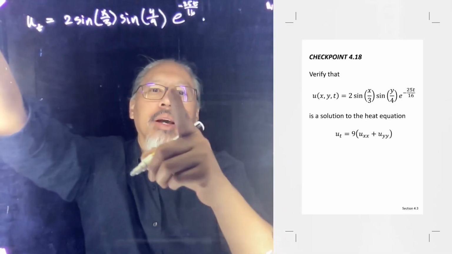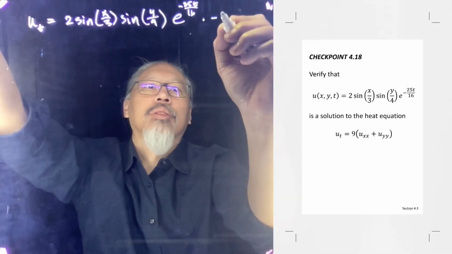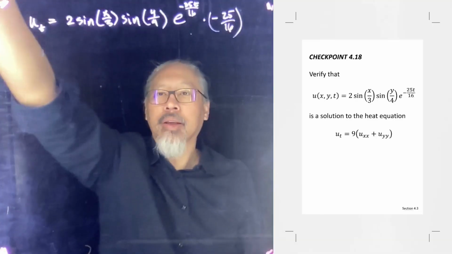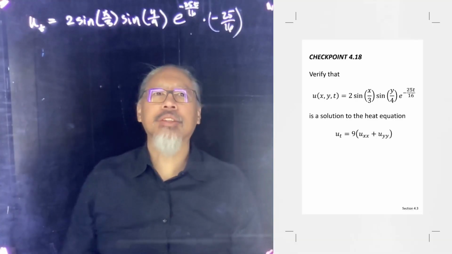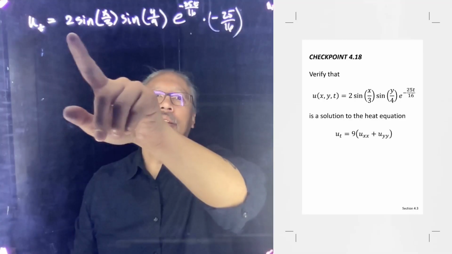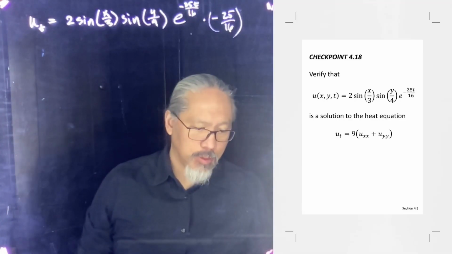The derivative of that with respect to t is just negative 25 over 16. Not much to simplify. We can take an extra step and say this is negative 25 over 8, but we'll work that out later.